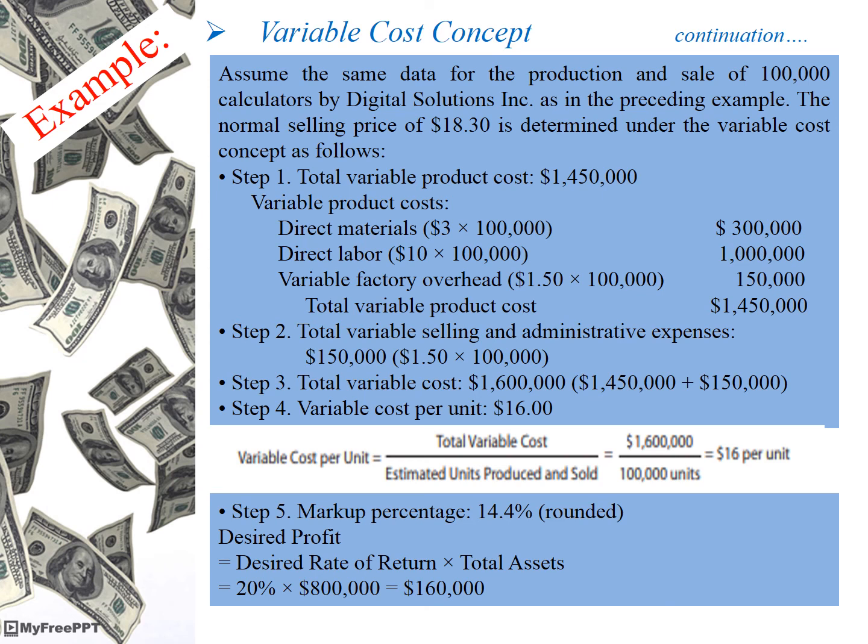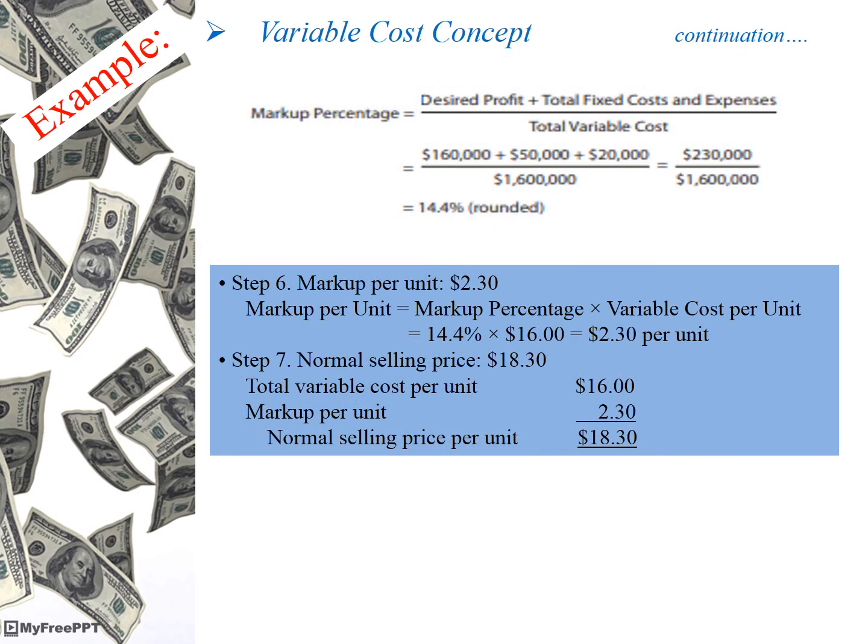Step 5. Markup percentage is equal to 14.4%. In order to get it, let us solve first the desired profit, which is desired rate of return of 20% times the total assets of $800,000, that is equal to $160,000. Then let us solve the markup percentage.